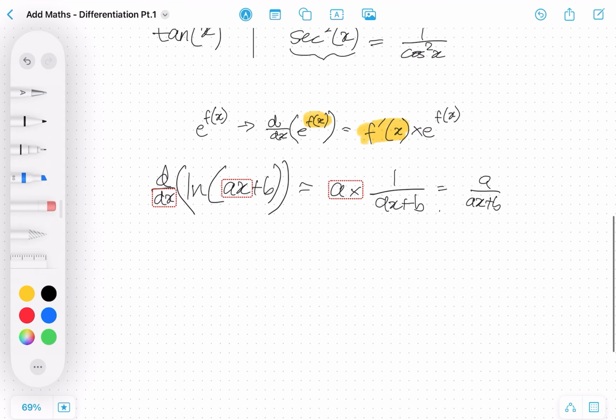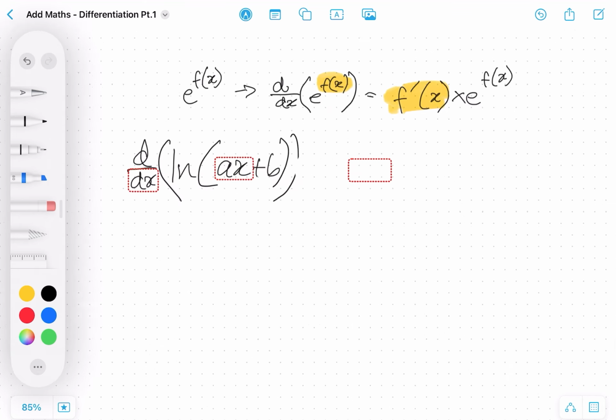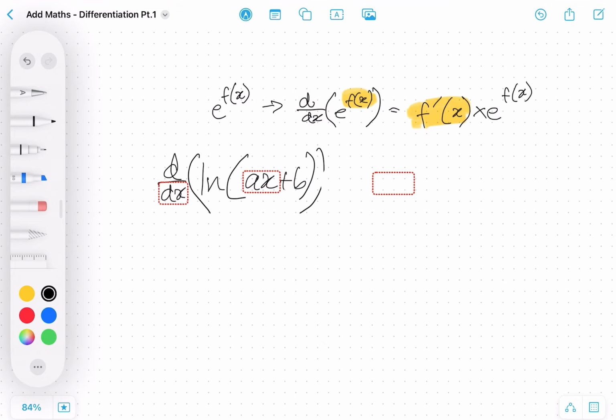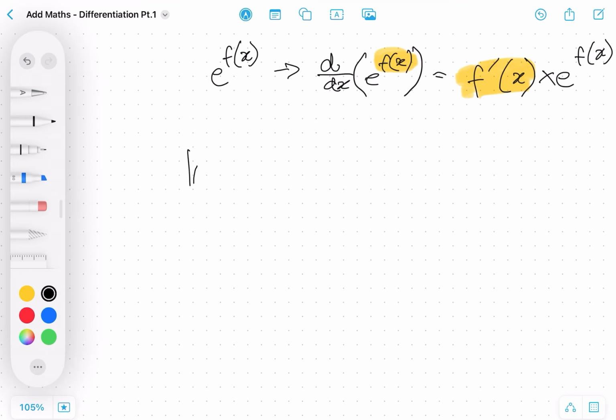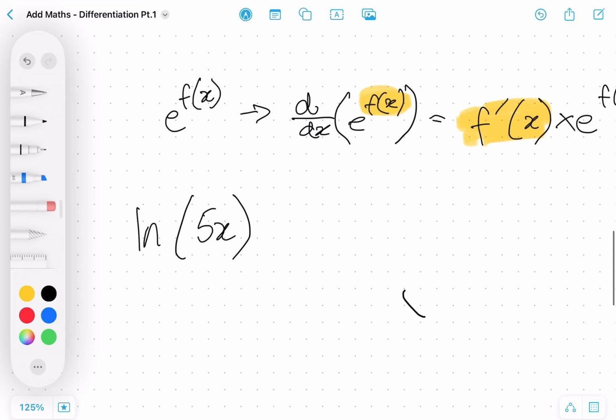So if we go to an example, let's say we wanted to differentiate ln of 5x. Now you'll see that there's actually a very nice pattern that we come across. So what we first do is we take the derivative of the function inside, which is 5x, and the derivative of that is 5.